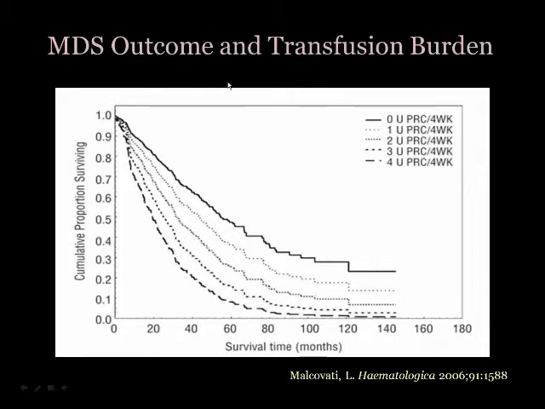This is a picture then to show that there are other things that impact on the outcome in myelodysplasia. So the number of red cell transfusions you need does impact. This top curve is for people who aren't getting any transfusions over a 4-week period, where the bottom curve is for somebody who's getting 4 units of red cells over a 4-week period, showing that also impacts on how well you do with the myelodysplasia.